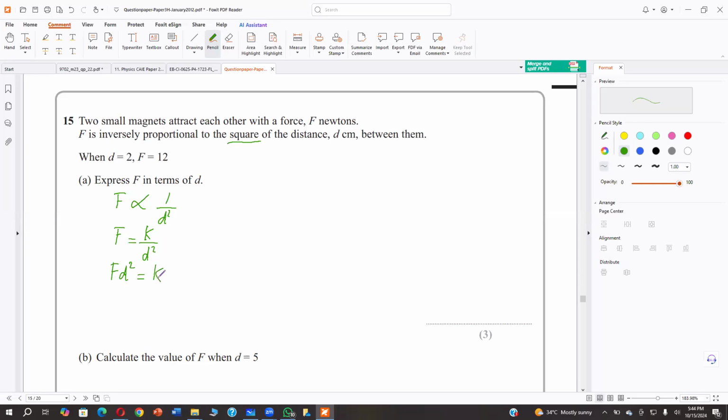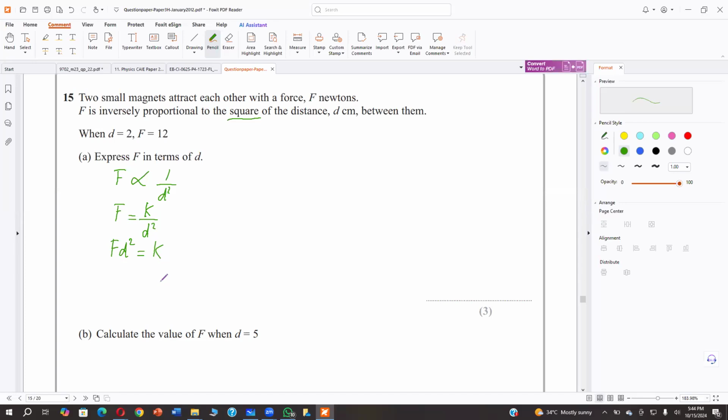Look at this. So this is the working. Then we find the value of K. Try to solve this question. I'm just coming in a minute. Complete question number 15.